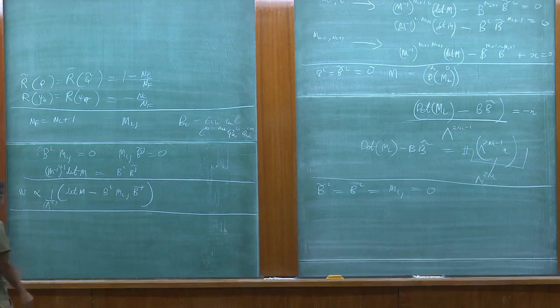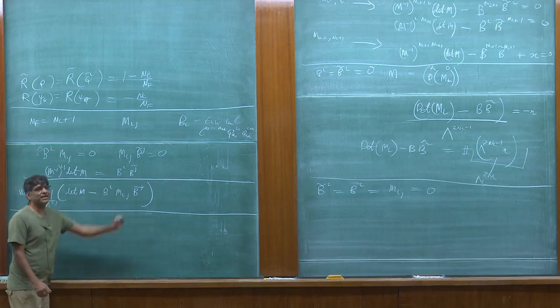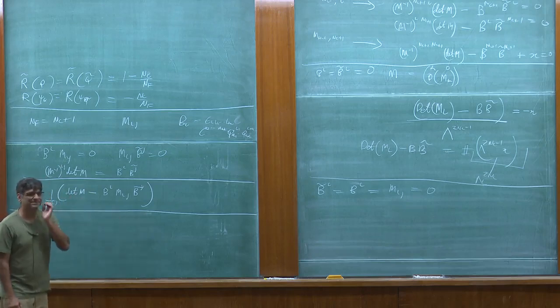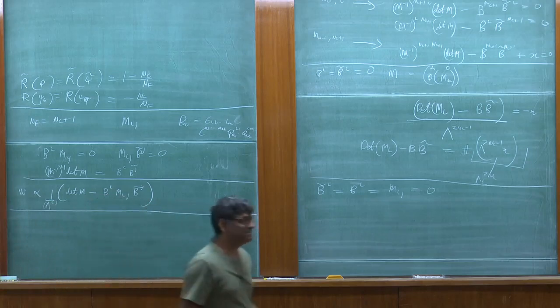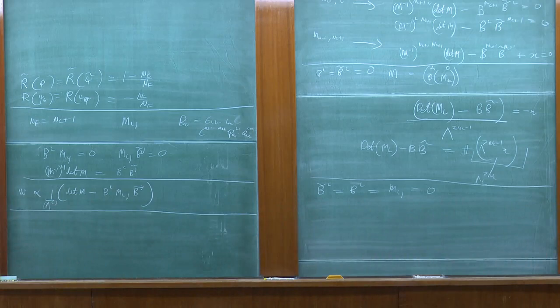But look, the superpotential here has no quadratic terms. M is some matrix which is big enough, because the number of flavors is the number of colors plus 1, and the number of colors can't be 1. So at least a 3 by 3 matrix.